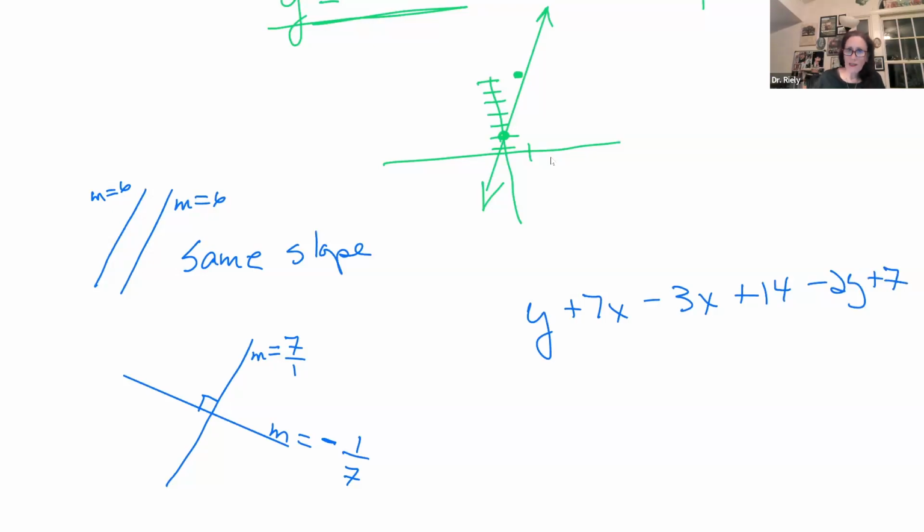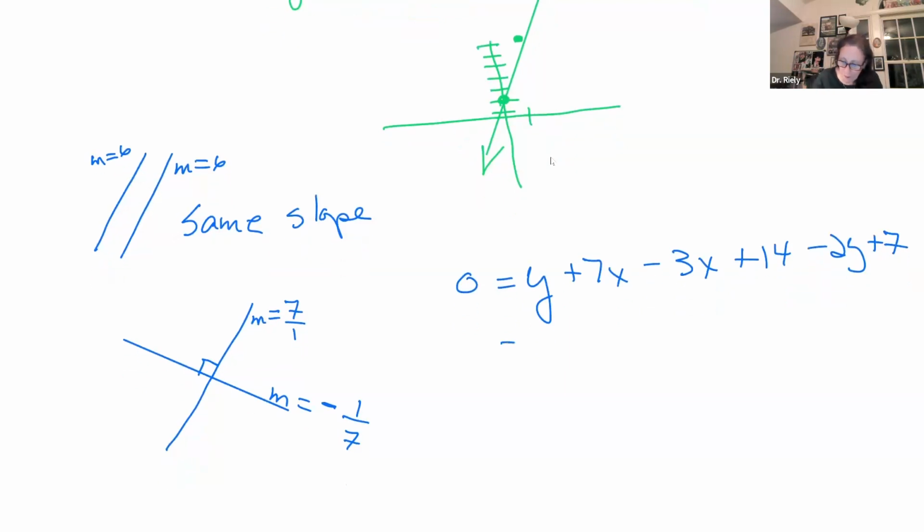So you want to have the y's on one side and everything else on the other side. Everything is on this one side right now, so you'd have to do some moving. The first thing you want to do probably is combine like terms. I'm going to add my y and my negative 2y. That gives me a negative y.